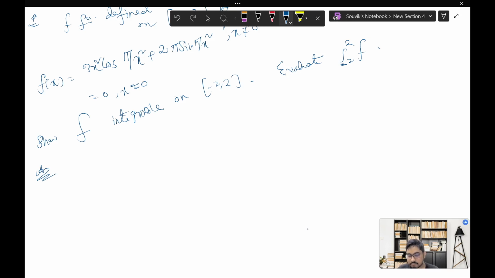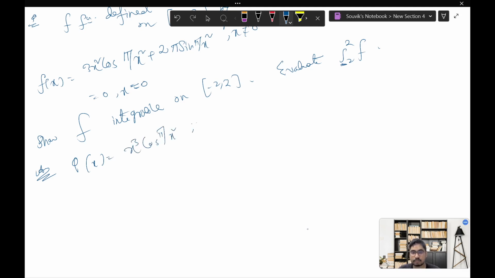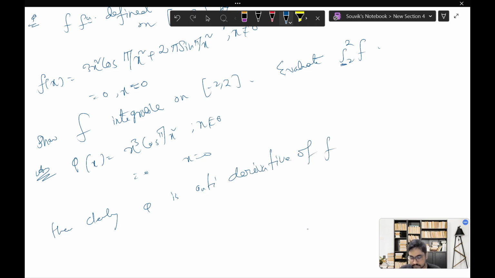So you can define a function phi(x) equal to x cubed cos pi by x square for x not equal to 0, and 0 for x equal to 0. Phi is an antiderivative of f.